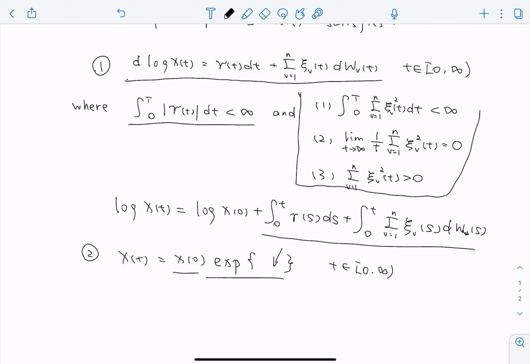In our definition 1, the process gamma of t is called the growth rate. The other term, K_c, represents the sensitivity of X, and we call it the volatility process.